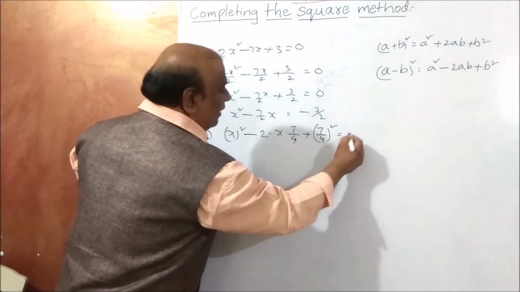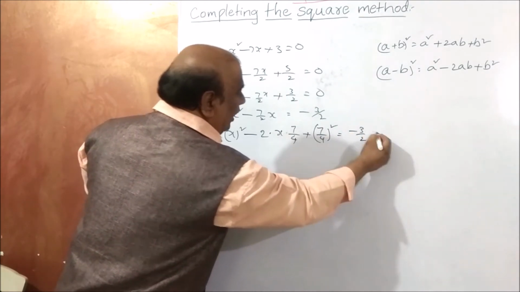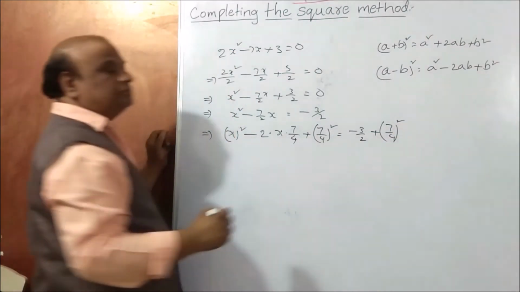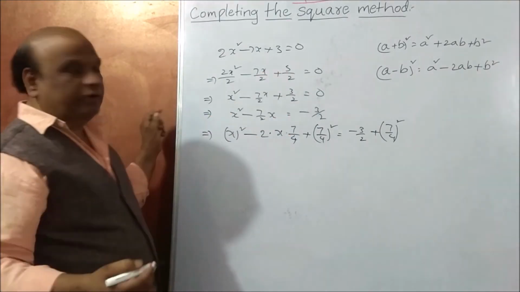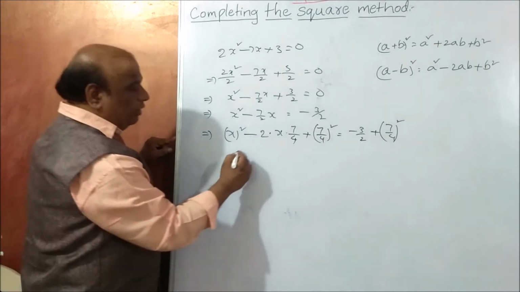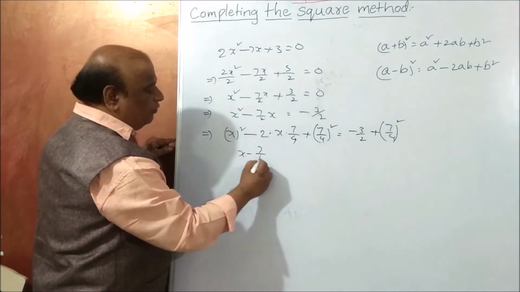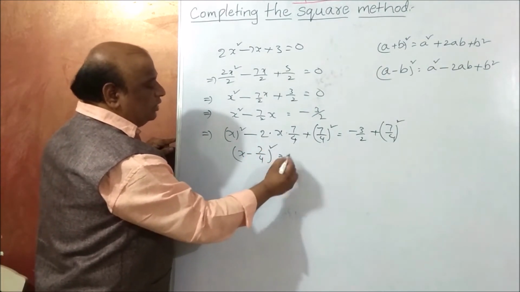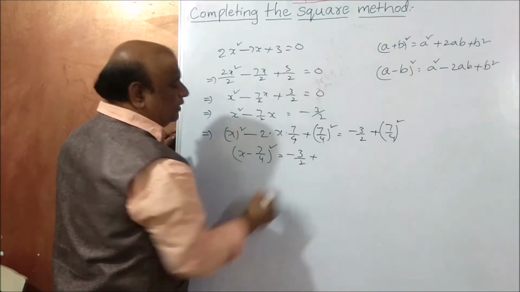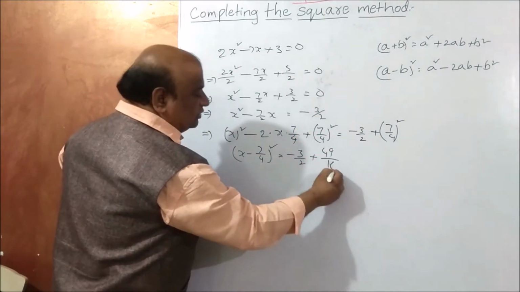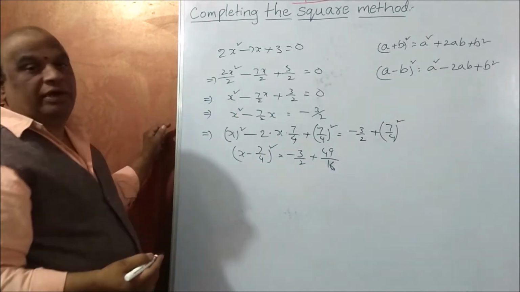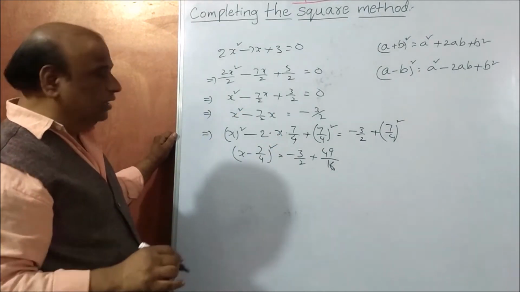Now here this is minus 3 by 2. Add plus 7 by 4 whole square again on the RHS. So you should add plus 7 by 4 whole square. Now it is exactly in the form of a square minus 2ab plus b square. Now x minus 7 by 4 whole square is equal to minus 3 by 2 plus 49 by 16. Here 7 by 4 whole square is 49 by 16.